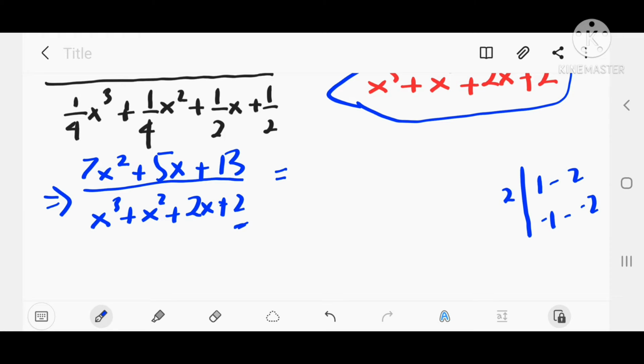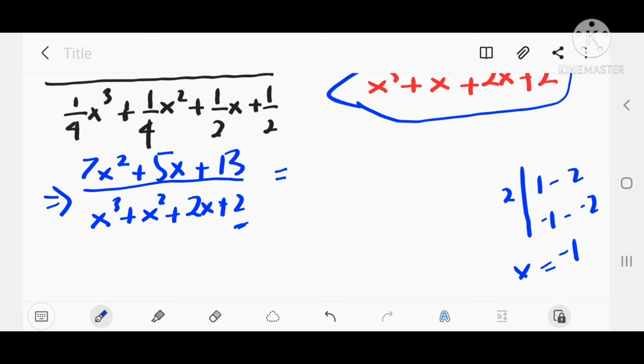So we pick the -1, and when you substitute -1 into the denominator, you realize that you get a 0. So that means that for x equals -1, the denominator tends to 0.